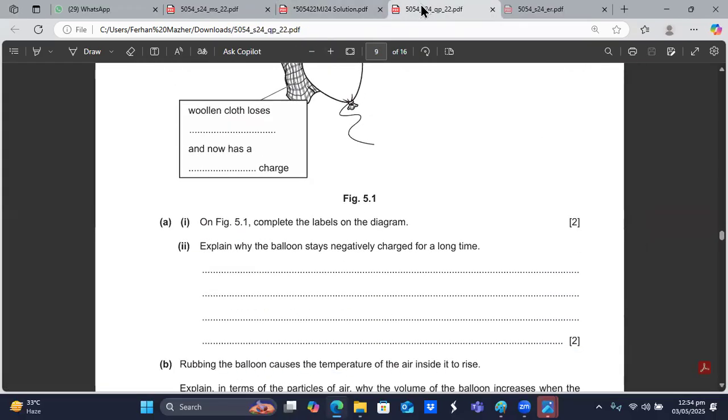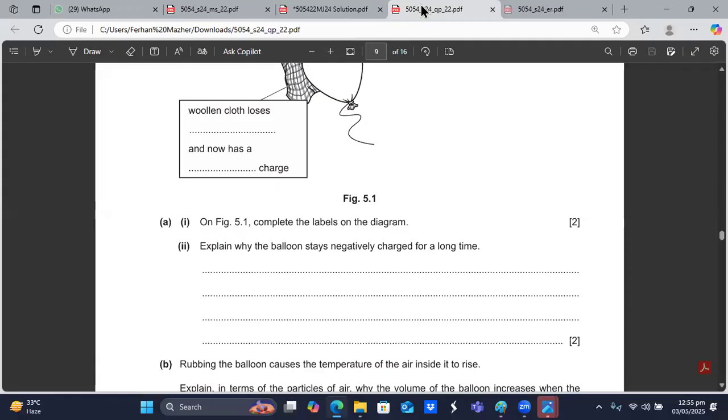Question number 5, the second part. Explain why the balloon stays negatively charged for a long time. You see, the balloon is an insulator. Where you rub the surface, the location where you are rubbing it, the charge will stay at that location because the balloon is an insulator. The rest of the balloon is also insulator, so that portion where you have rubbed will have charge.